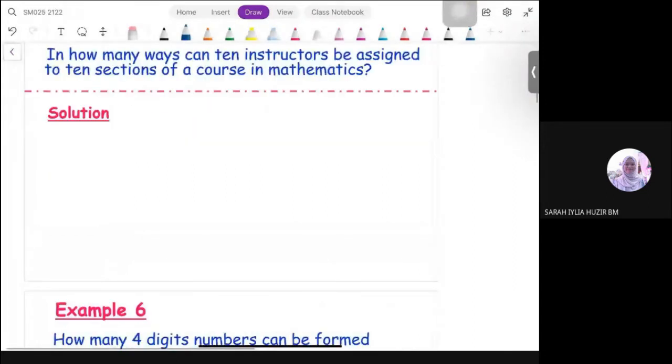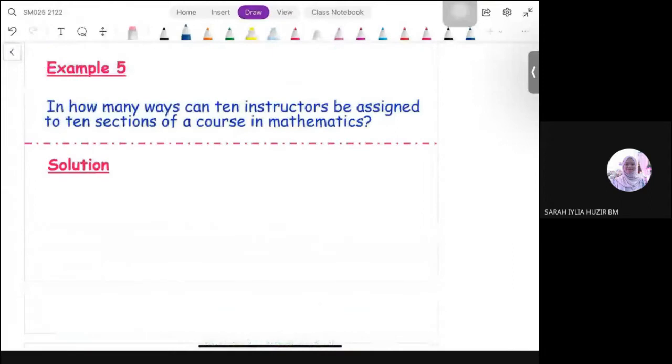Next example. In how many ways can 10 instructors, so our n in this case is 10, be assigned to 10 sections of a course in maths? Okay, our keyword here is assign. Means we want to arrange people. Arrangement is important. That's why we solve this by using the permutation technique.